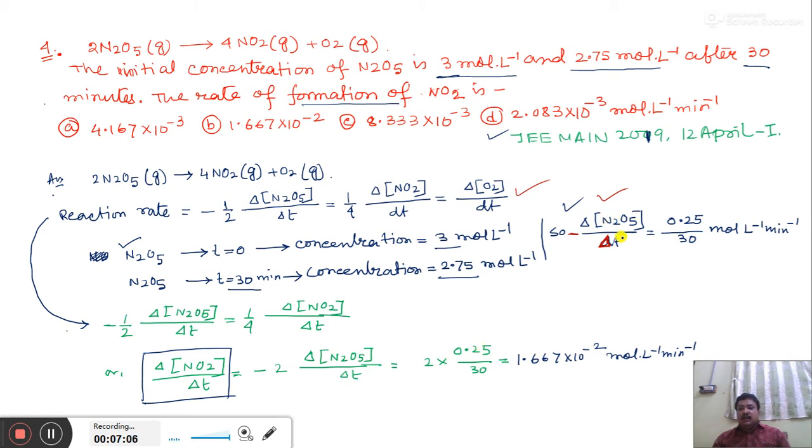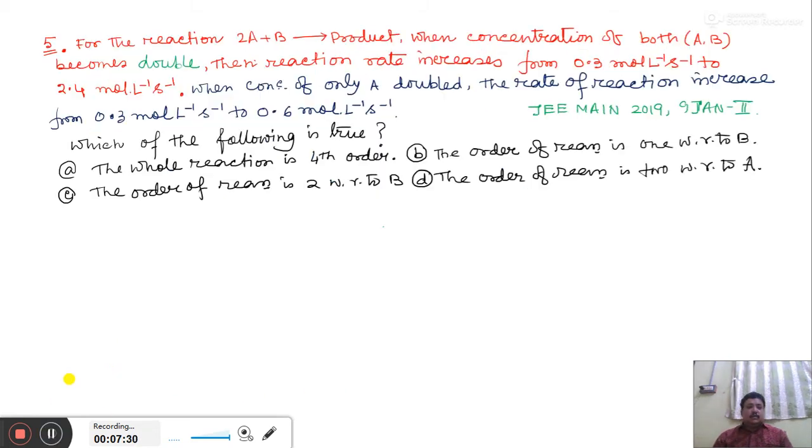Now minus del N2O5 by del t is 0.25 by 30, multiplied by 2, we get the value of 1.667 into 10 to the minus 2 mol L inverse min inverse. Now there is a correction. In the actual question, the rate of formation of NO2 is asked, and option B is the right one.